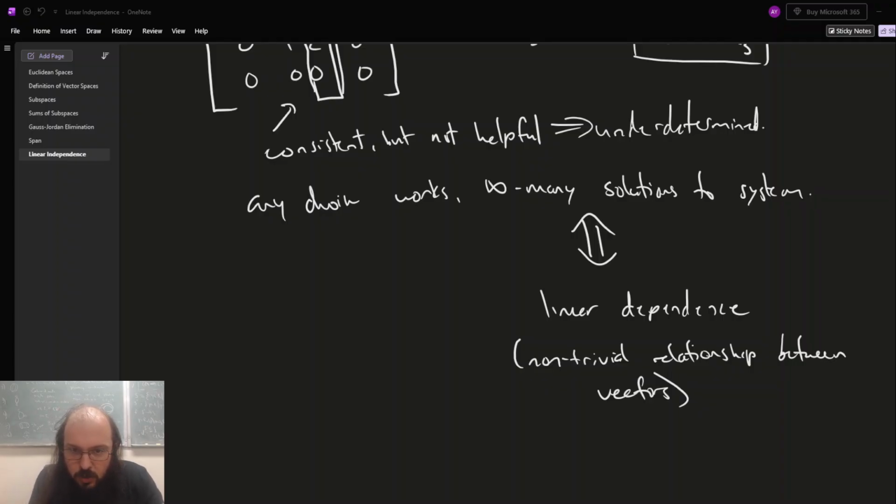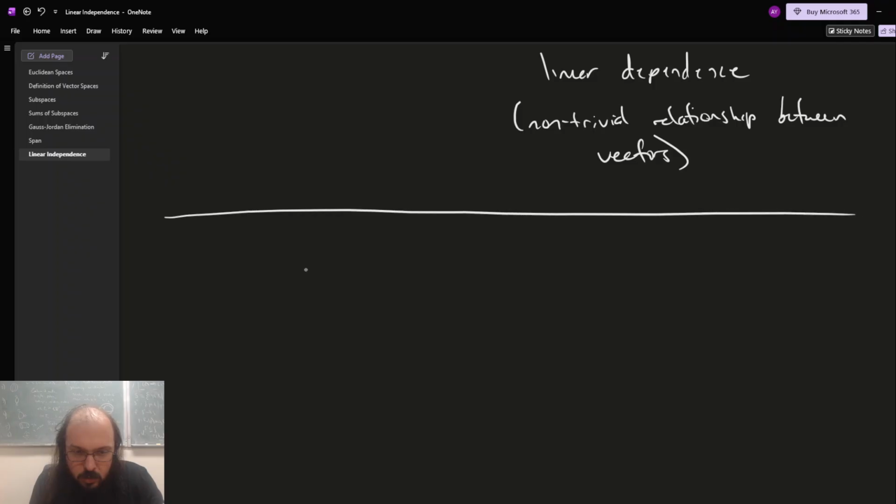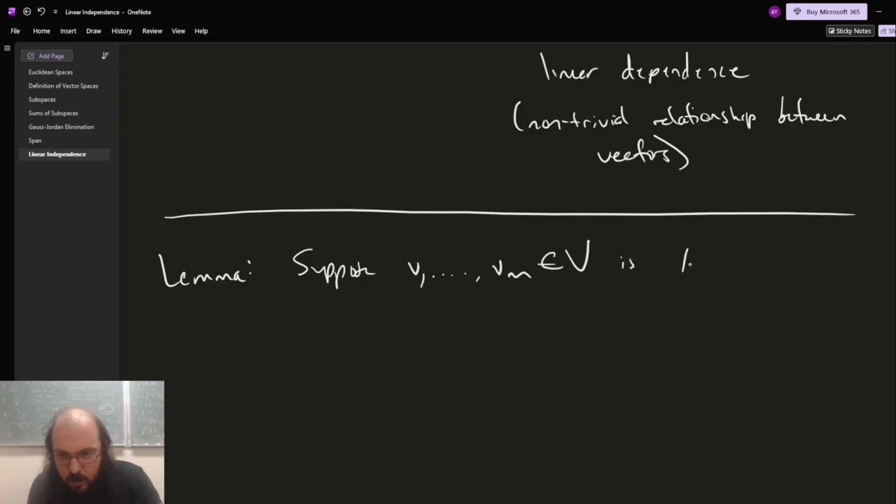Next up, let's do a little lemma. This is lemma 2.19 in Axler. He just calls this the linear dependence lemma. And here's the statement. He says, suppose that we have a list of vectors in V and they are linearly dependent.